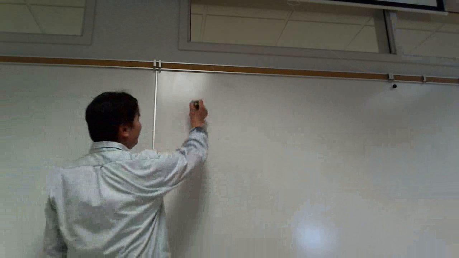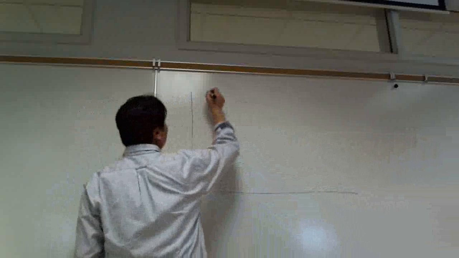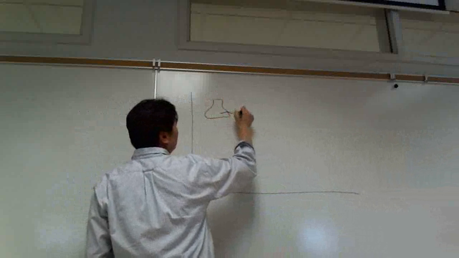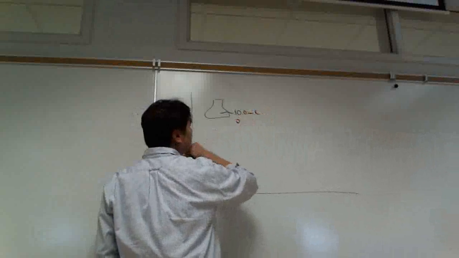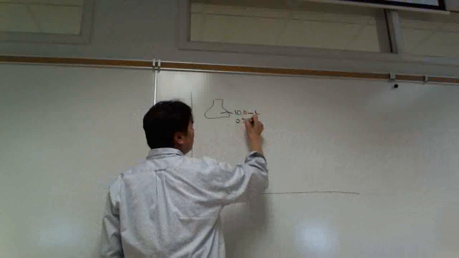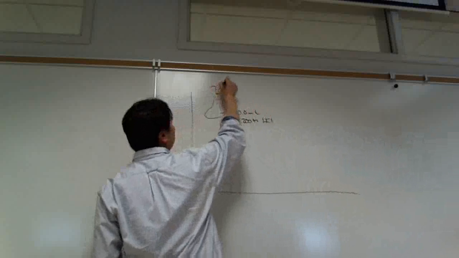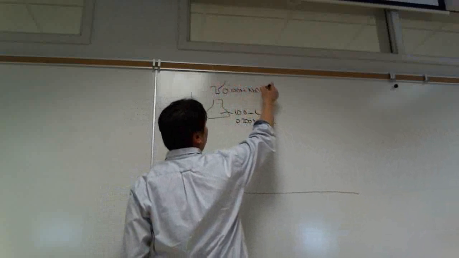Oh, speaking about pH titrations, let me talk about one more type of problem that is typical in a pH titration. Let's have 10.0 milliliters of HAc, sorry, I'm going to go with 0.200 molar HAc, and then I'm going to titrate this with 0.100 molar sodium hydroxide.